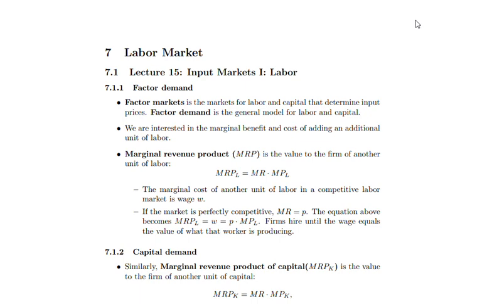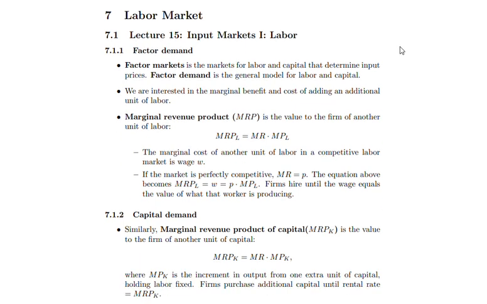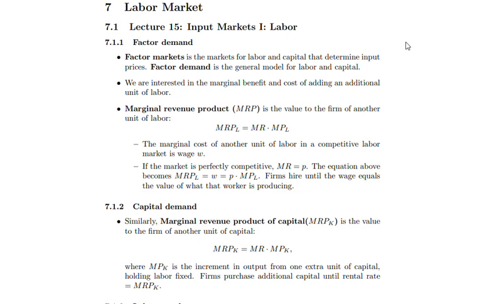Factor demand is the general model for labor and capital. We are interested in the marginal benefits and costs of adding an additional unit of labor. So the marginal revenue product is the value to the firm of another unit of labor.